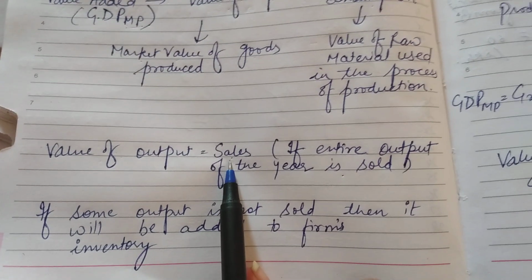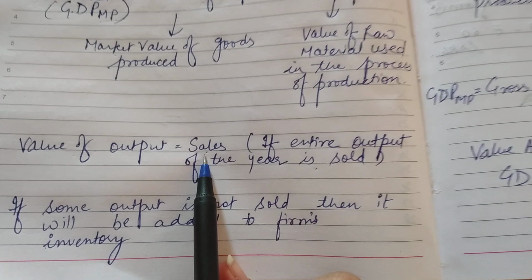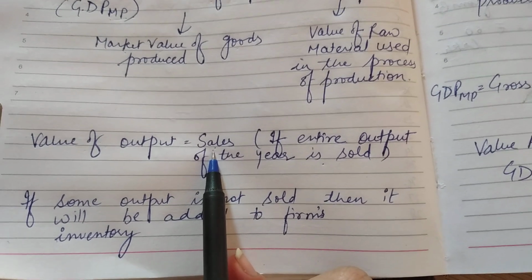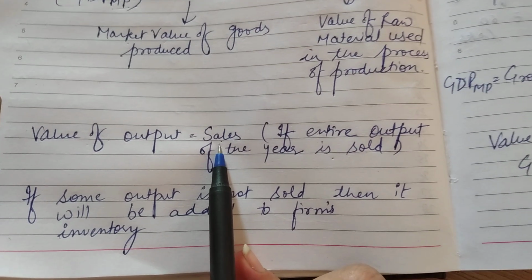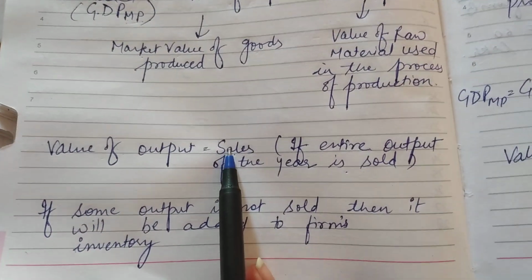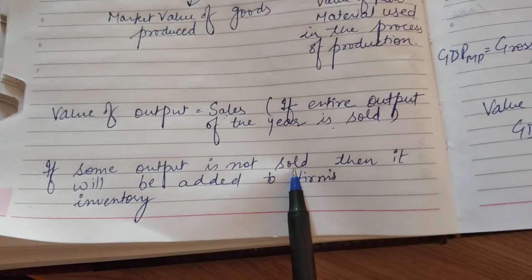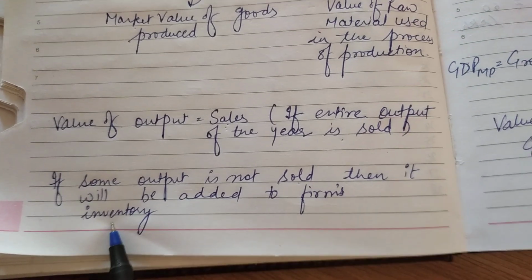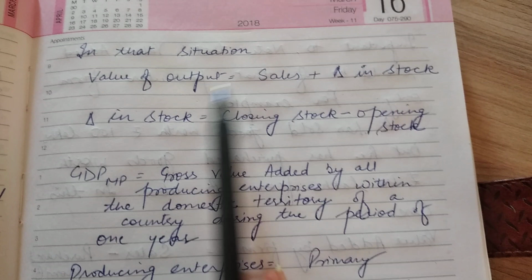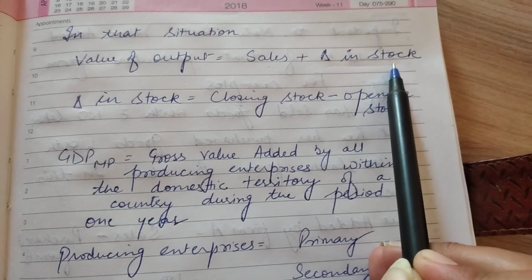But sometimes some of the stock is not being sold, or you are having a leftover portion of the stock that has been produced in that given year. In that case, if some output is not sold, then it will be added to the firm's inventory.